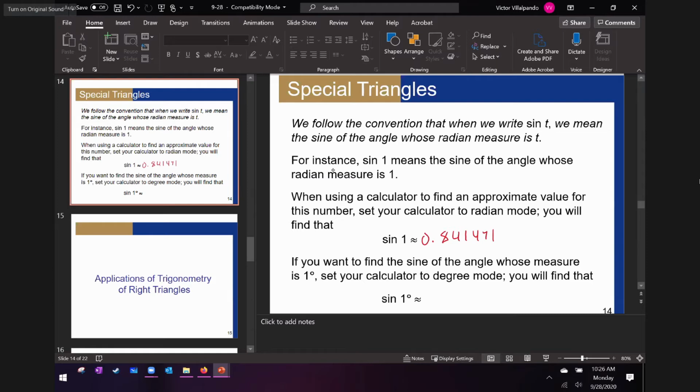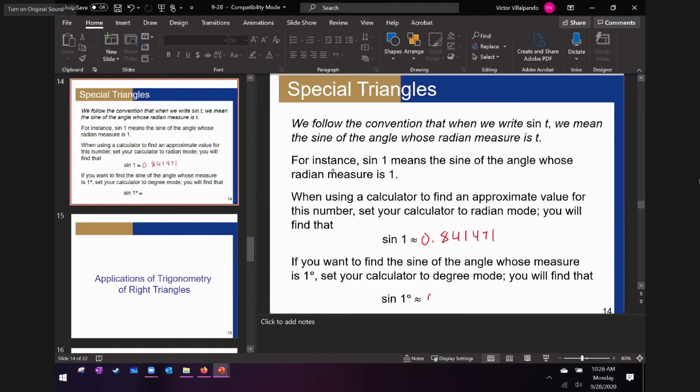Now, if you want to find the sine of an angle whose measure is 1 degree, set your calculator to degree mode, and you'll find it's a little different. Radians and degrees are different.